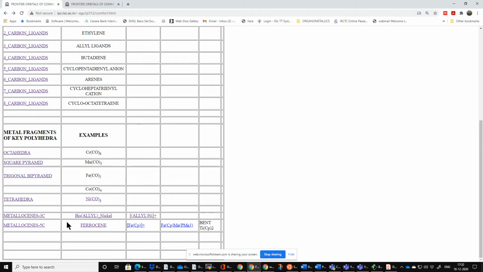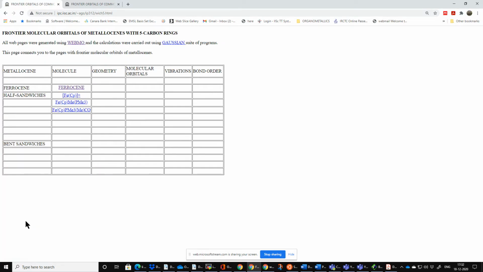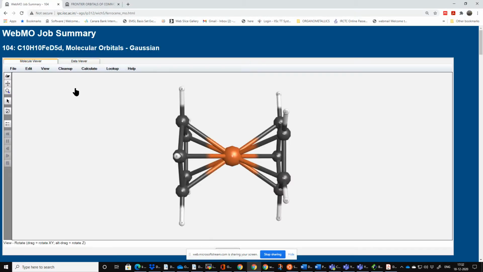So for example, if I click on metallocene 5C, I will reach another web page which will give me the molecular orbitals of ferrocene FeCp plus, which is the ferrocene minus a Cp ring. So let me illustrate for you the ferrocene itself.